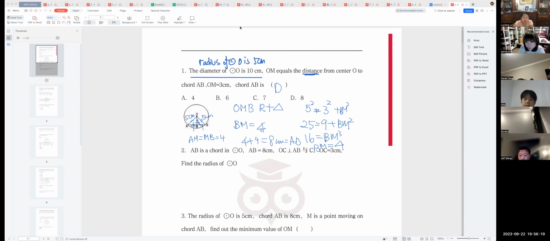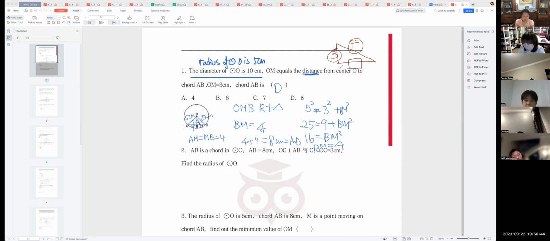No? Oliver, which part don't you understand? You can ask me, I can help you. How did you get the 3 squared? Oh, 3 squared because it's a right triangle. Remember, I just asked you about the Pythagorean theorem, the 勾股定理, did you forget? The 勾股定理: this side is 5, this side is 3, so what is this side? 5 squared minus 3 squared equals what squared?